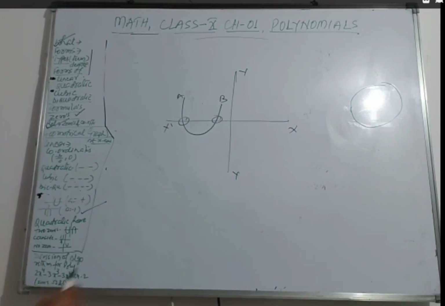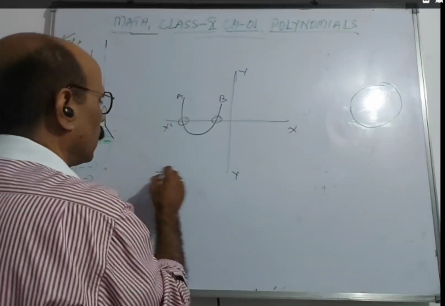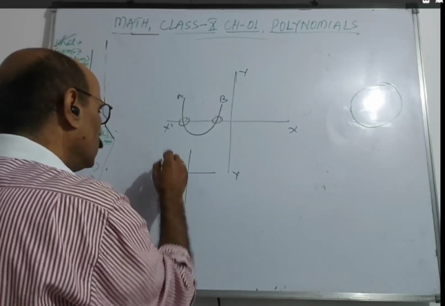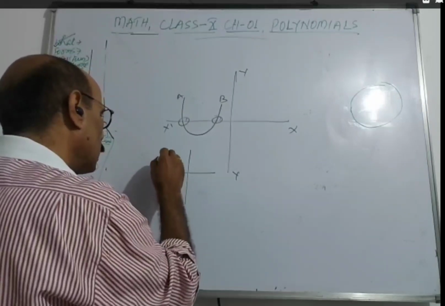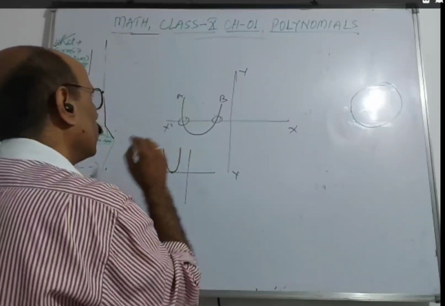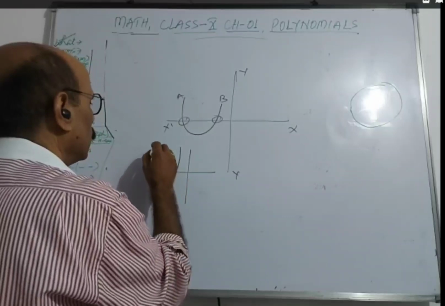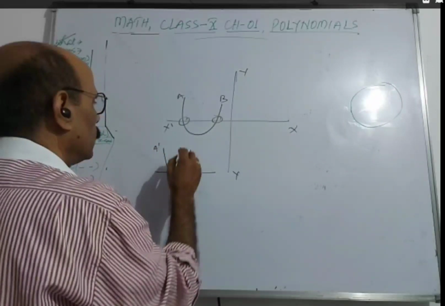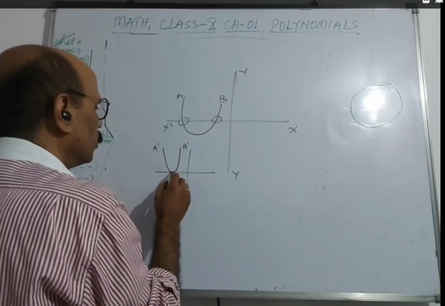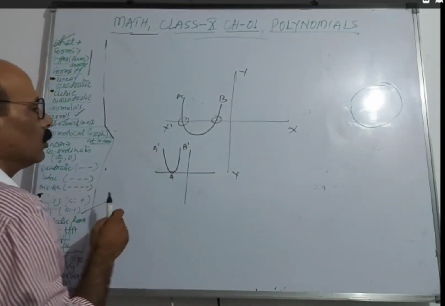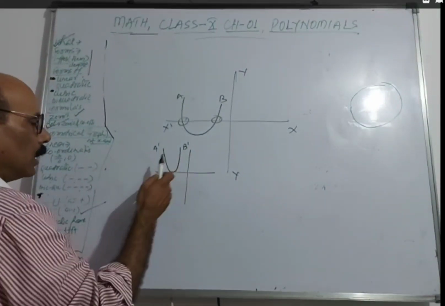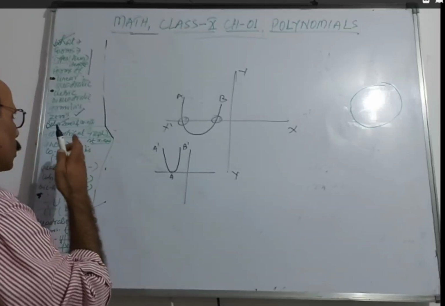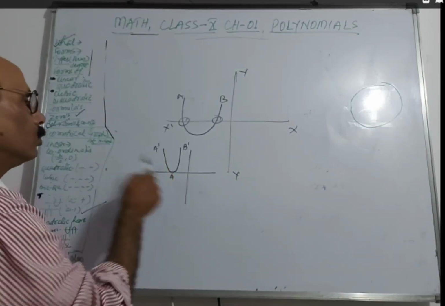Suppose in the graph this curve is only touching one point. This is A. Okay, this is A dash, A, B dash. Suppose this is A. That means what? This is a curve, so certainly this is quadratic. The answer should be 2.